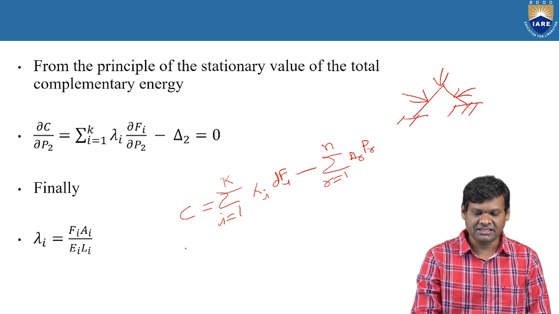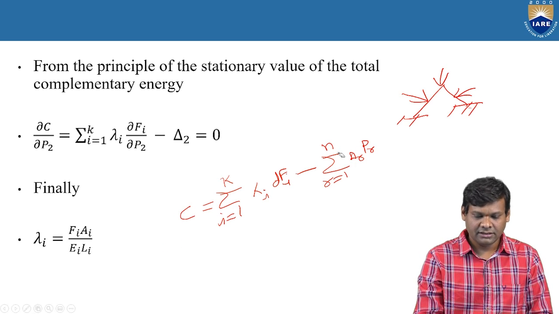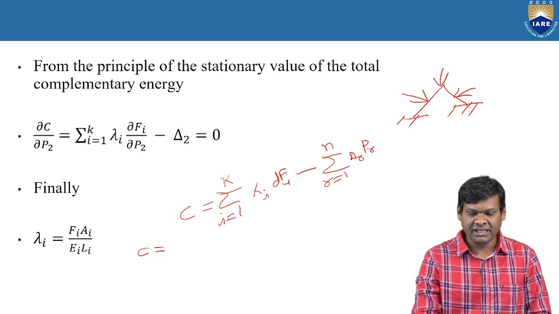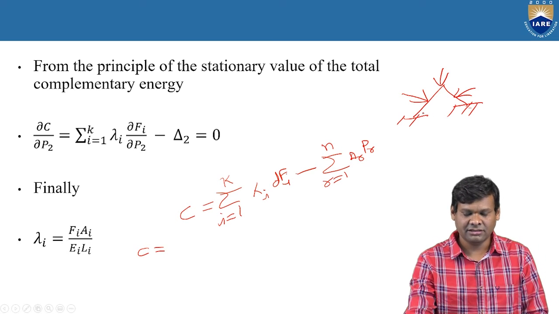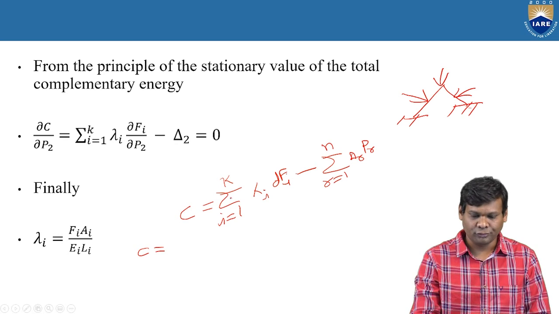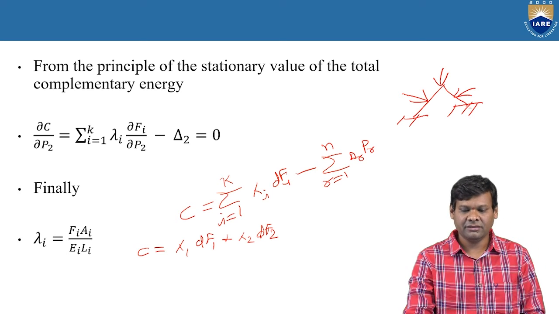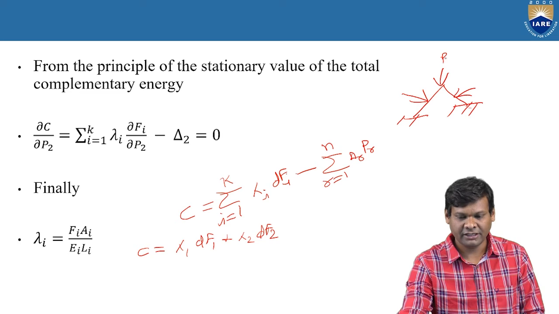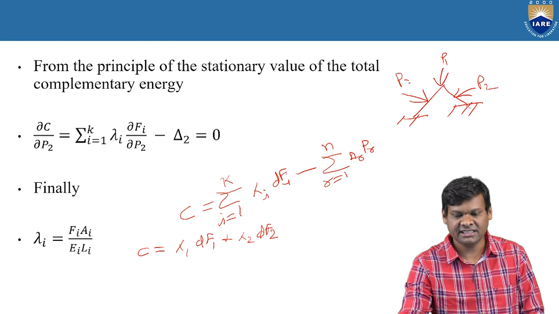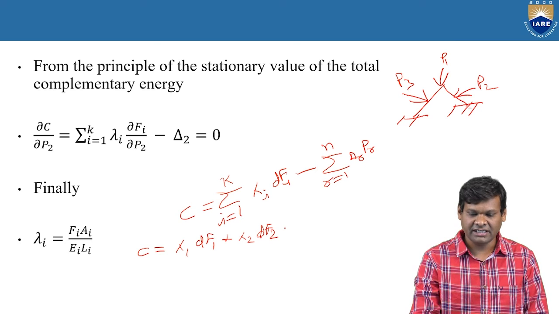What we can write is that C equal to sigma i equal to 1 to 2 members, lambda 1 dF1 plus lambda 2 dF2, and we have 3 loads, let us say P1, P2 and P3. As a result, we have 3 deflections. What we can write is minus delta 1 P1 minus delta 2 P2 minus delta 3 P3.